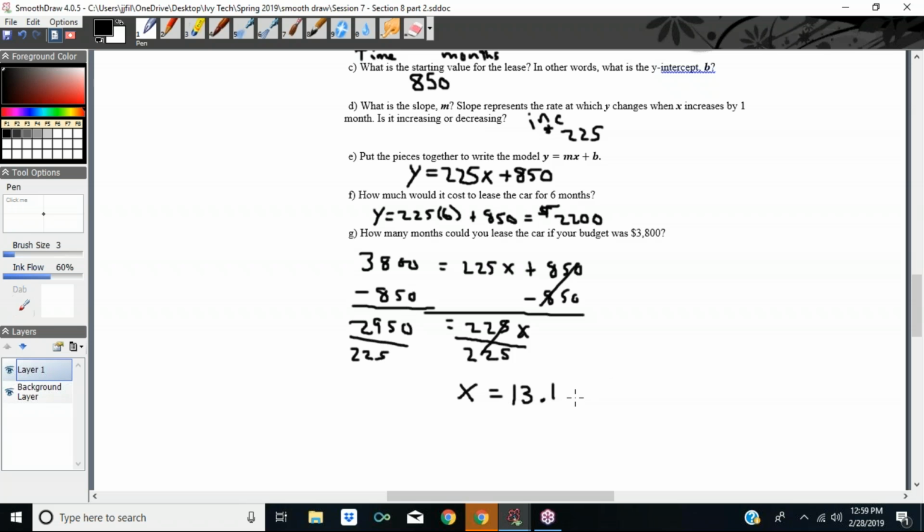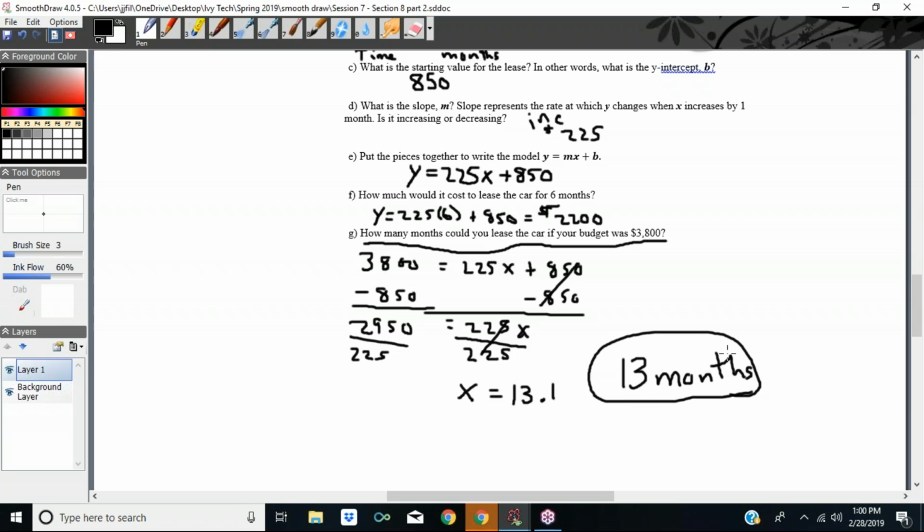I got 13.1 when I divided. So the question is, how many months could you lease the car if your budget was $3,800? And those of you who did say 13 are correct, because you can't lease it for 14 months and 3 days, or whatever that would be. It would be, how many months can you pay for? You can actually pay for 13 months.